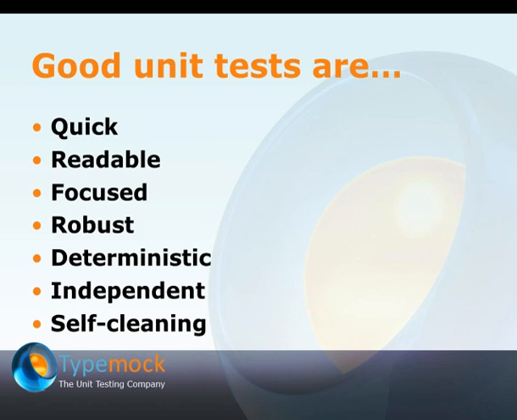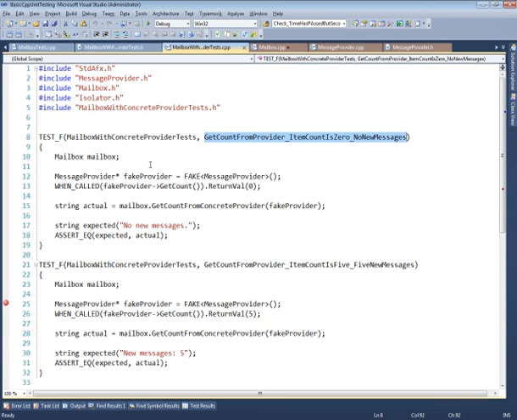For example, when I showed you isolated plus, where's my code? You see the get count here, for example. This is my test, of course, and this is the code under test. Now, what happens if I rename get count to something else? Then this test will obviously break.